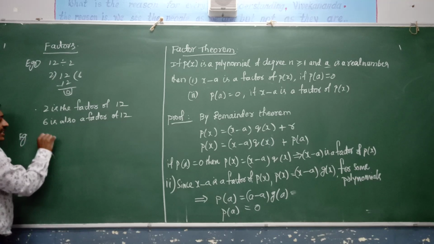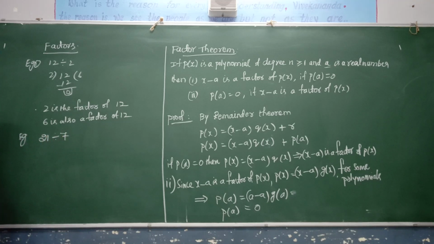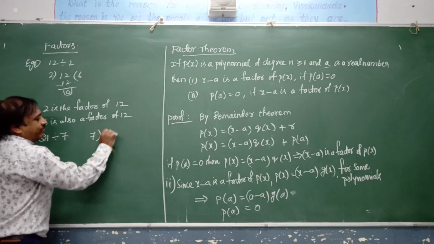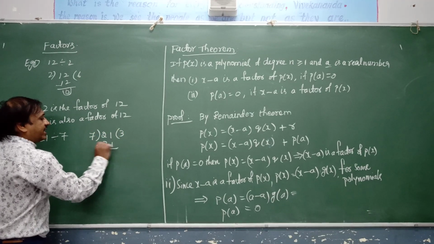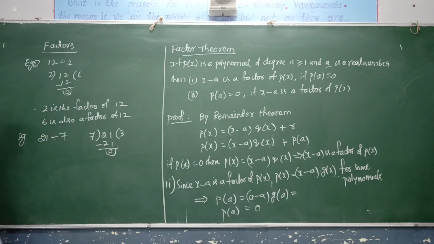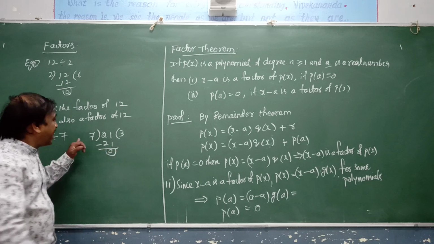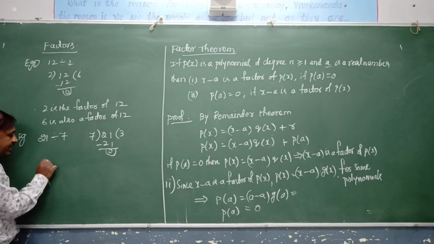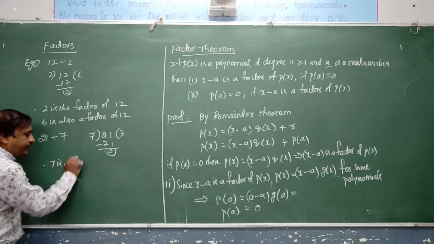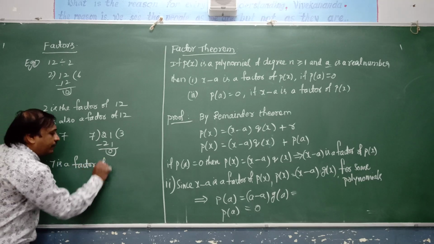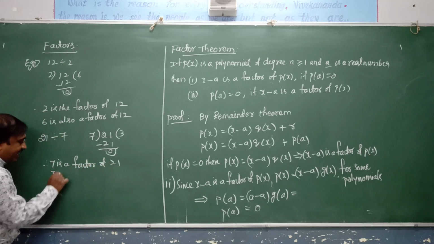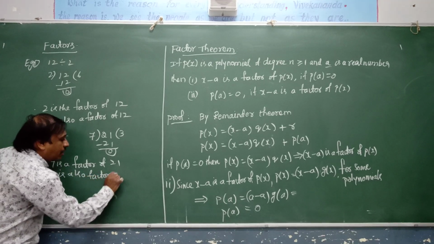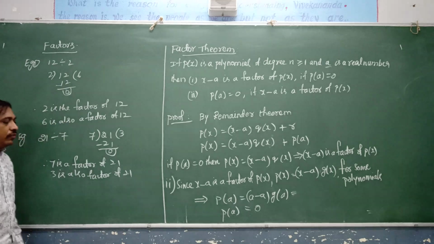That is 21 divided by 7. If you divide 21 by 7, 7 threes are 21, the remainder is 0. That means which are the factors over here? 7 is a factor as well as 3 is a factor. Therefore, 7 is a factor of 21 and 3 is also a factor of 21.